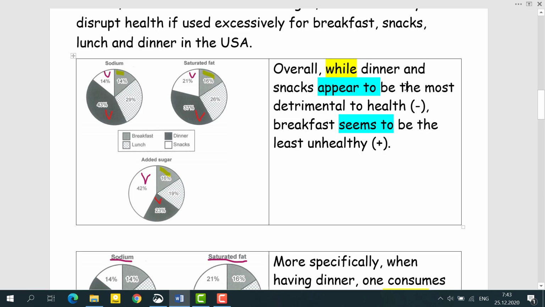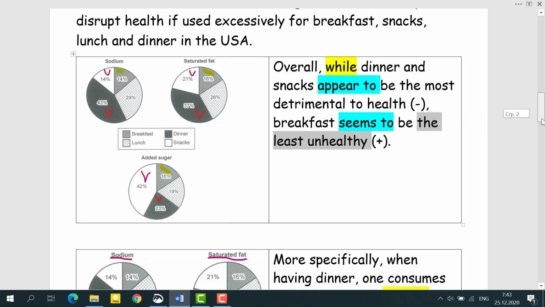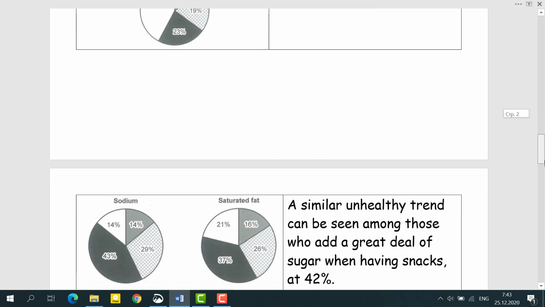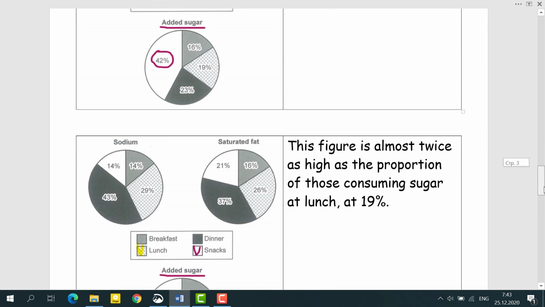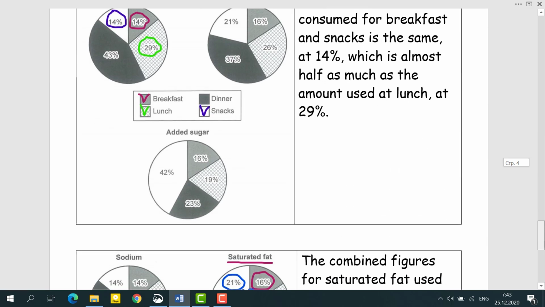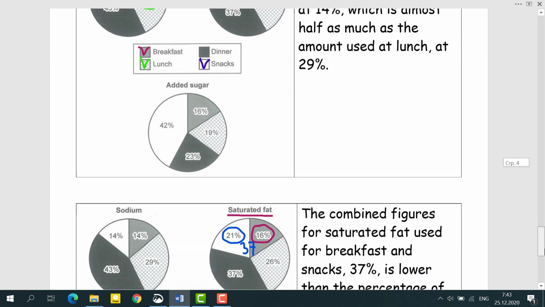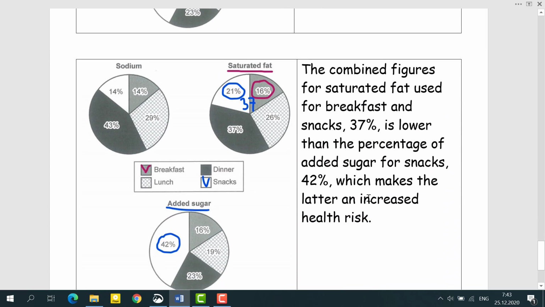Okay, so just look at this carefully. The most detrimental health, and then the least unhealthy. Okay, let's move on. A similar unhealthy trend. Again, I'm using this phrase. Okay, let's move on. And here again, which makes the latter an increased health risk.